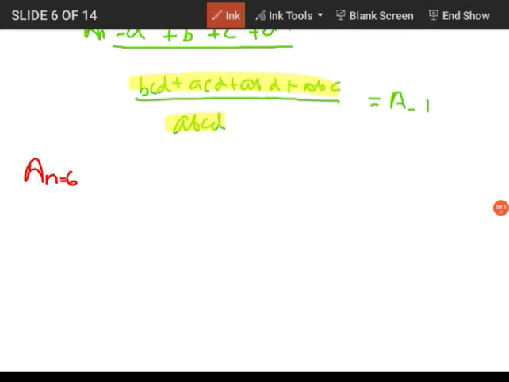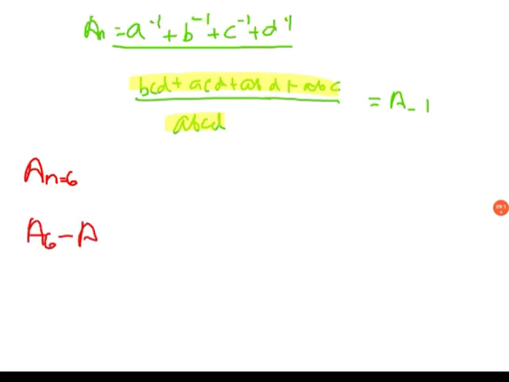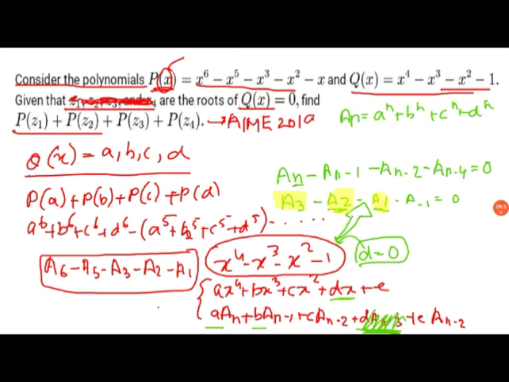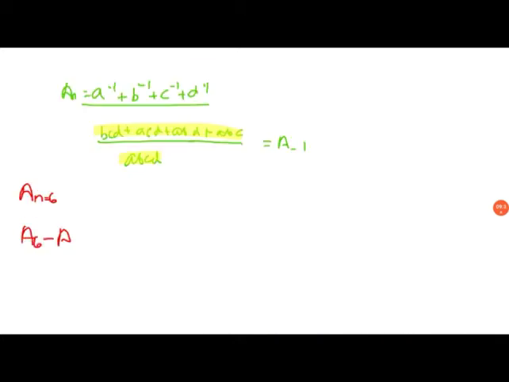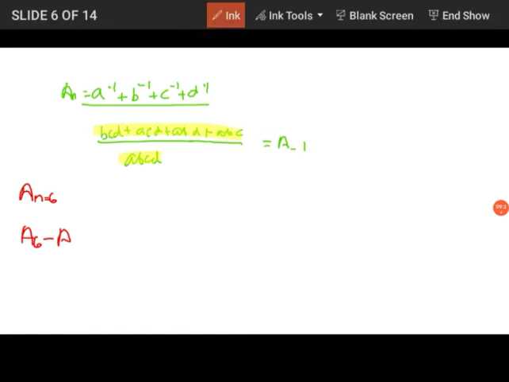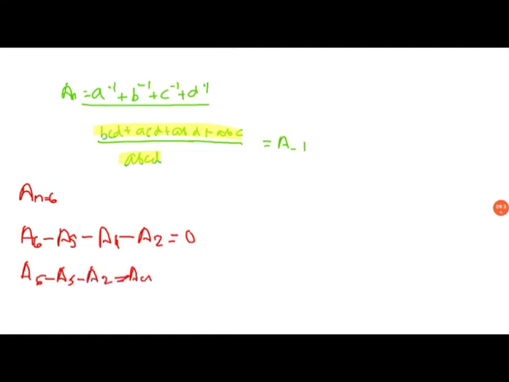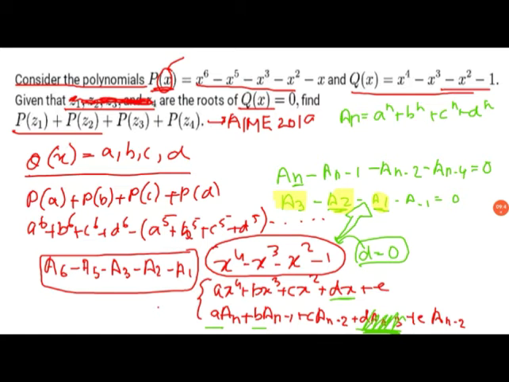If I take n as 6, this would be a6 minus a5 minus a4 minus a2 is equal to 0, or we can write a6 minus a5 minus a2 is equal to a4, and we were asked to find this.